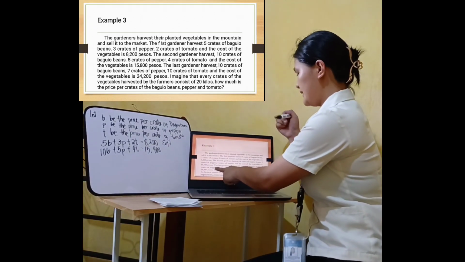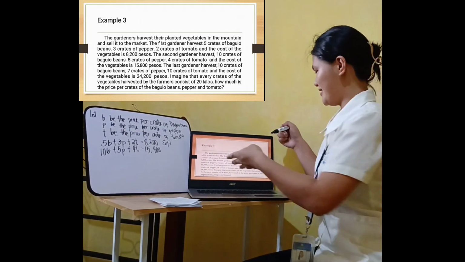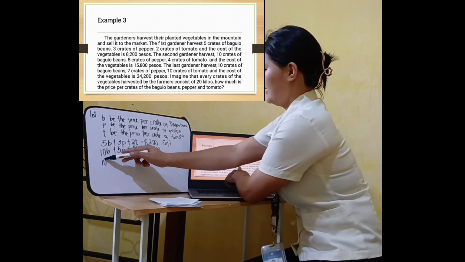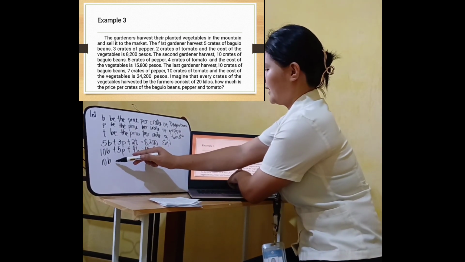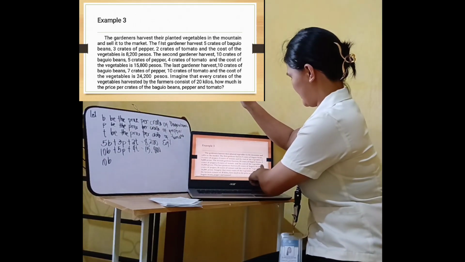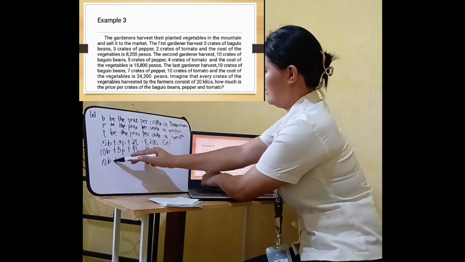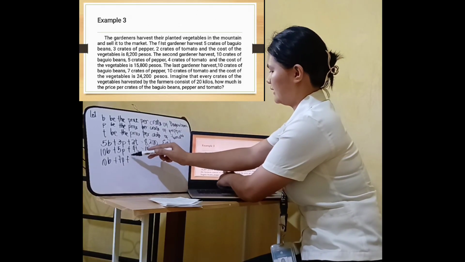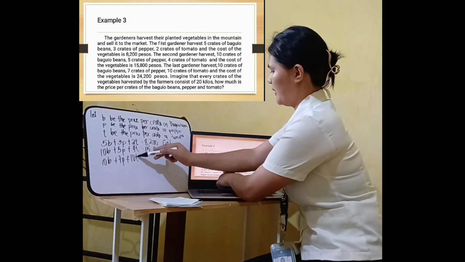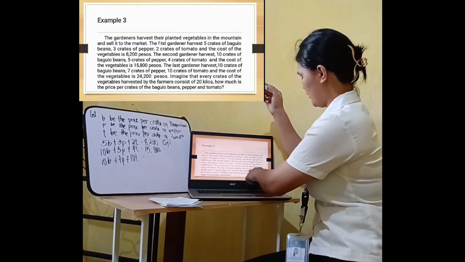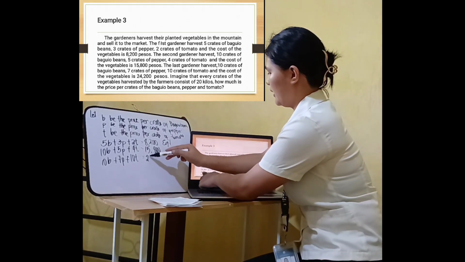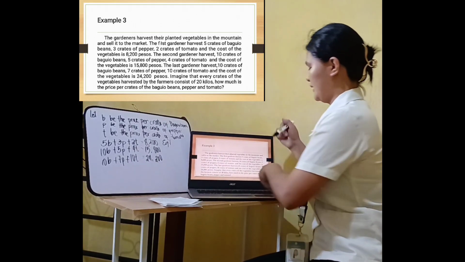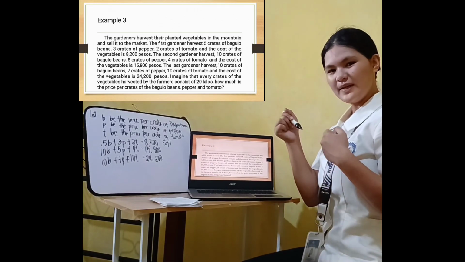So, the last equation is also the last gardener, which harvests 10 bagu beans, 7 pepper, and 10 tomato, equal to 24,200. Now, what's the next?